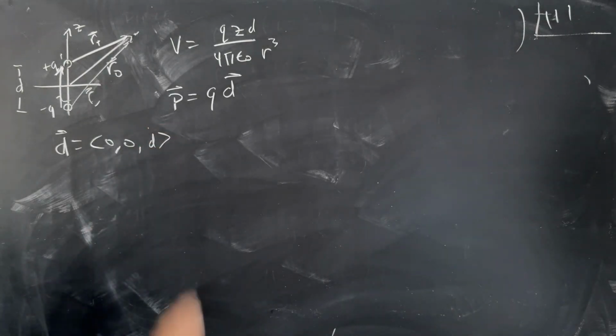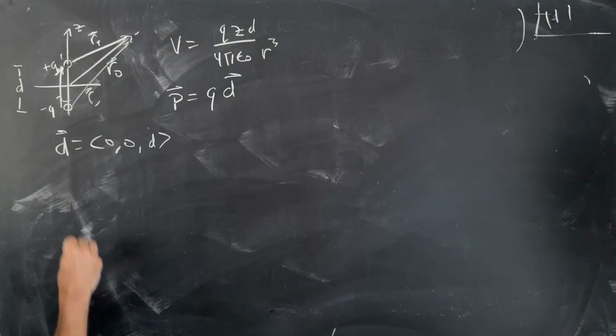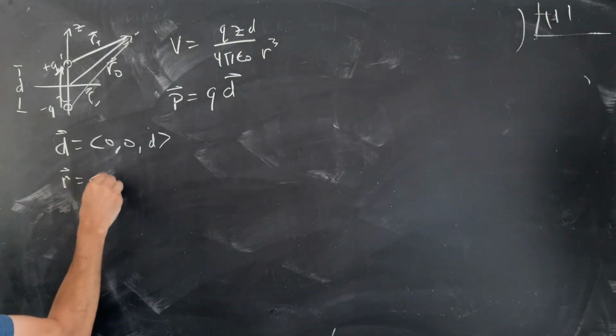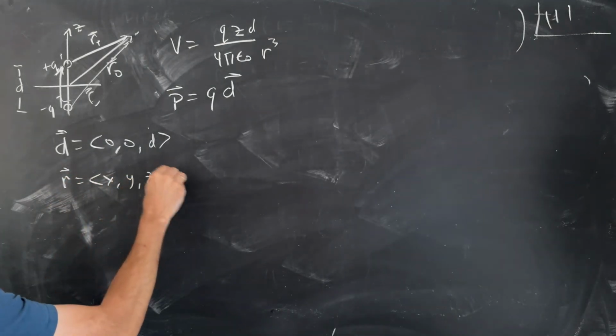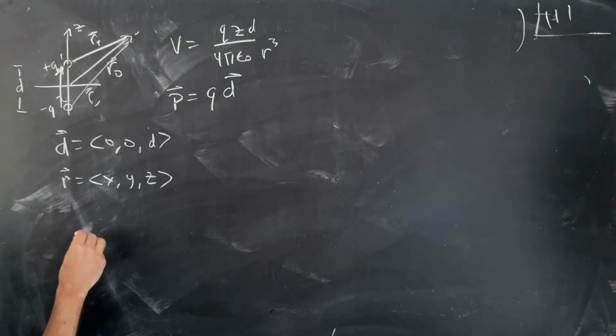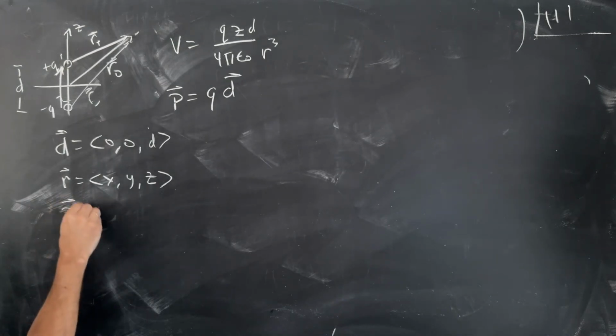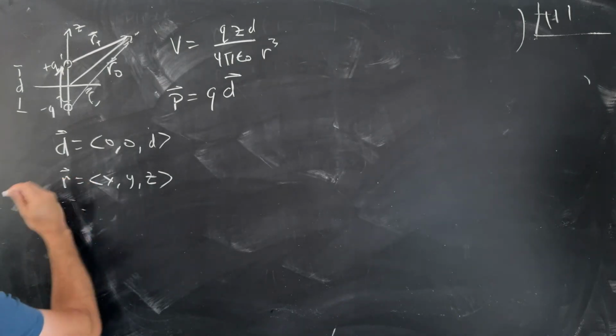Now, if I have my observation location up here as R, X, Y, Z, and P, let's write it as a vector, that's fine, we can leave it like that.